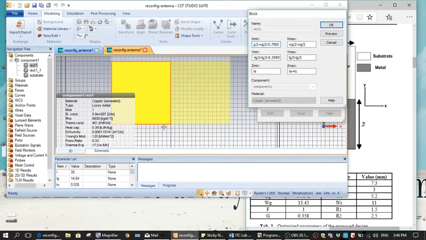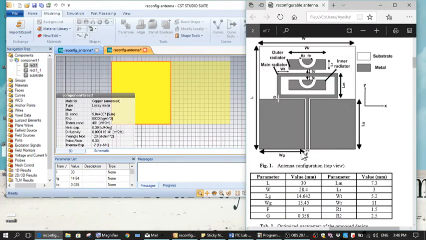It should move. This F is 1 and this gap of G is 0.35. So 1 plus 0.35 and plus 0.35, that is approximately 1.7. So a gap of 1.7 should be present between the two rectangles.